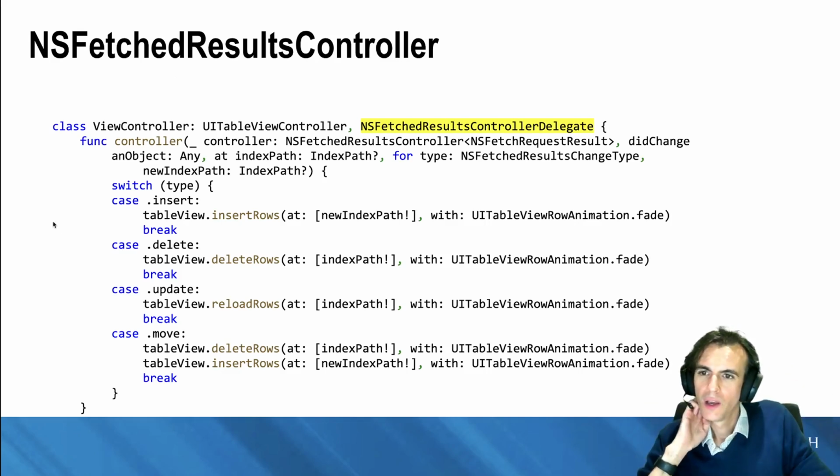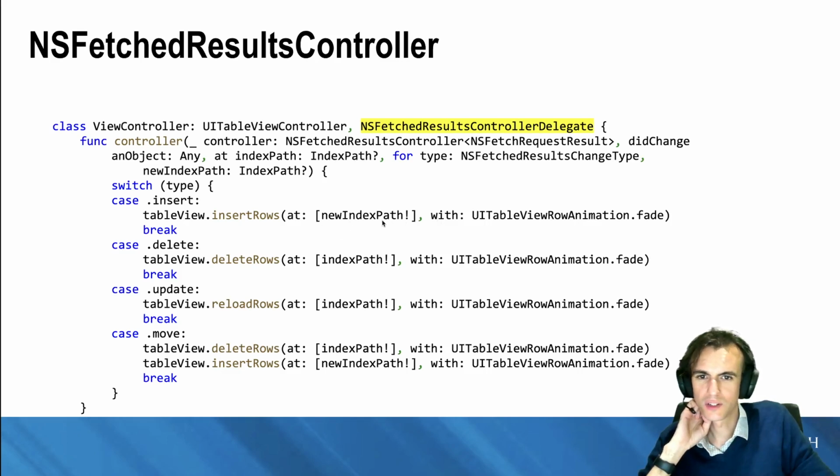So basically, that means we can look at the type of this, which is this NSFetchedResultsChangeType, will be one of insert, delete, update, move, and then it's pretty easy to make use of the table view methods: insert rows, delete rows, reload rows, delete rows and insert rows, to give it the index path.